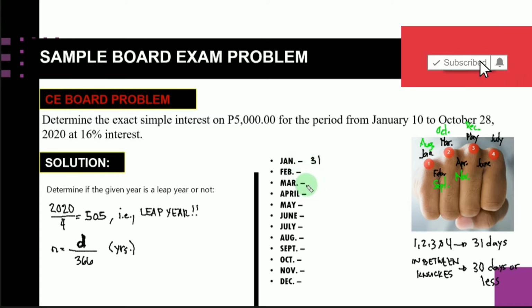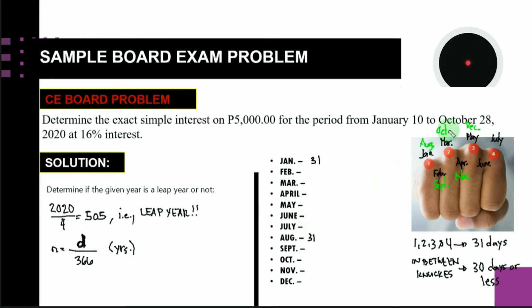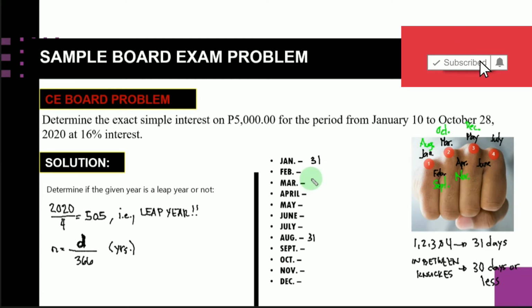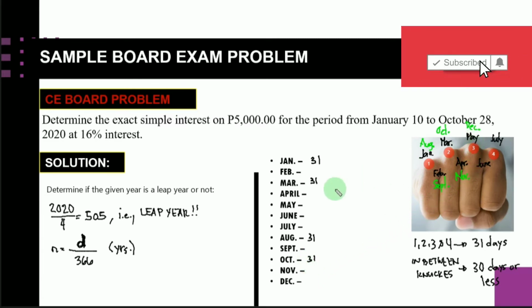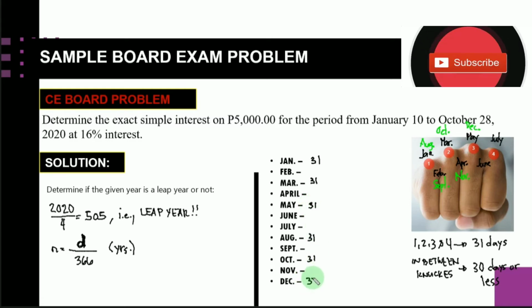And for the month of August, we have here also 31. And March and October, we have again 31. And for May and December, we have again 31.